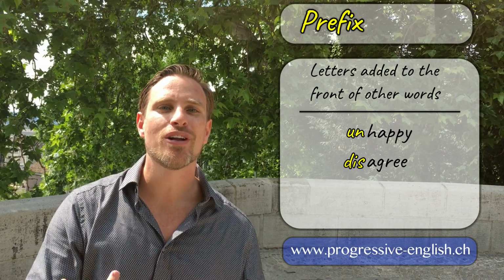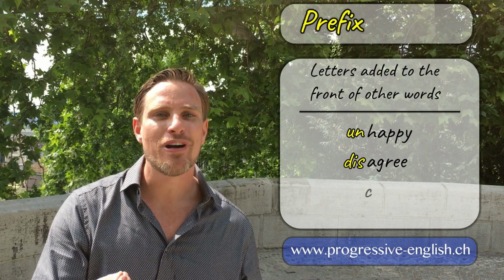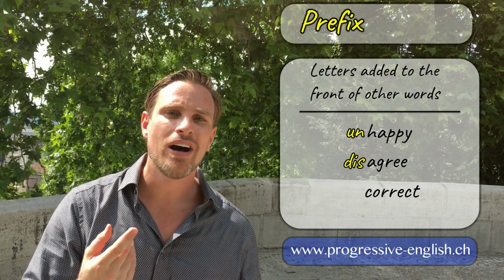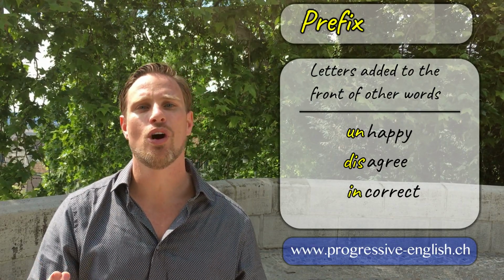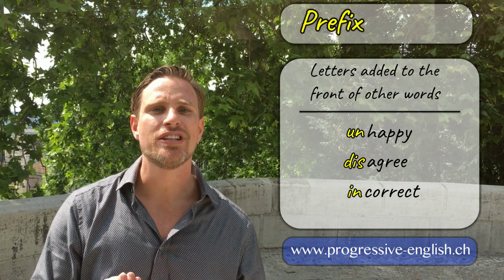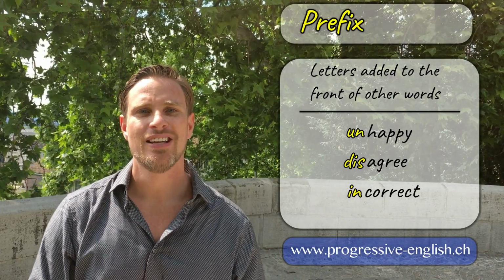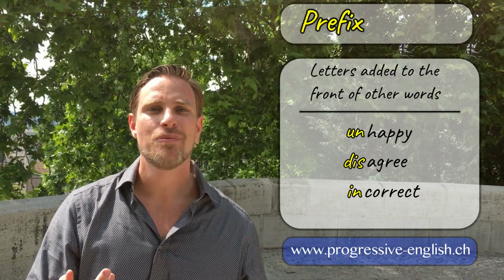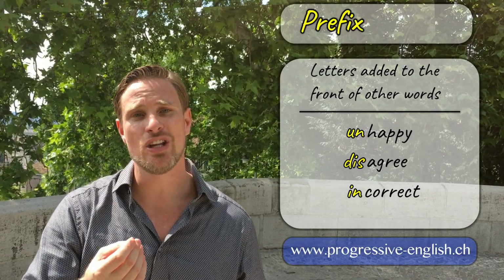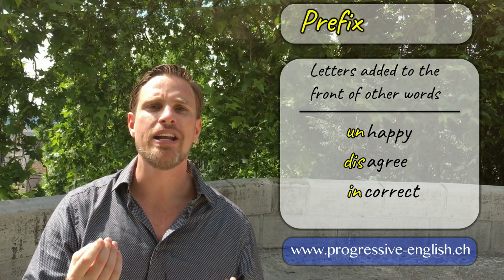And I'll give you one final example. The adjective correct, we can add in, and we end up with the opposite of the original word, which is incorrect. So just so that you are aware, prefixes don't always create the opposite meanings, but many times they do.